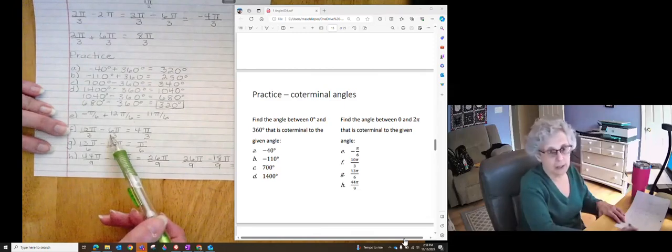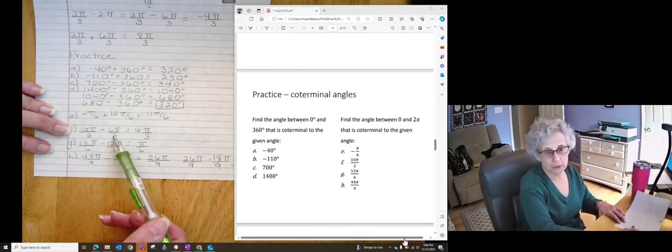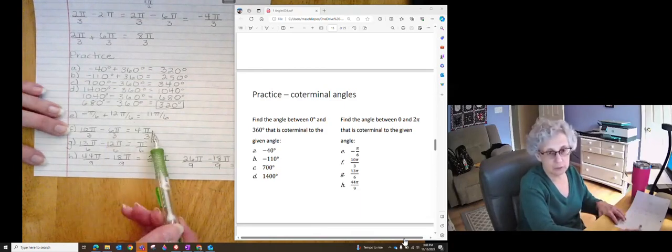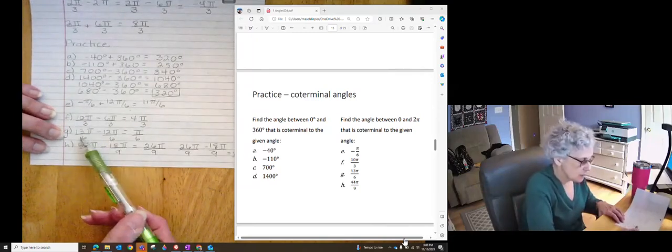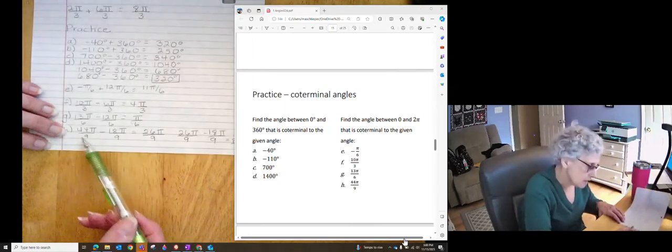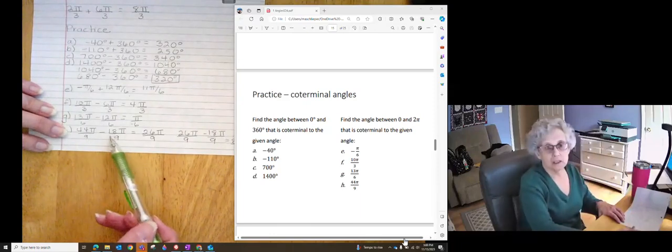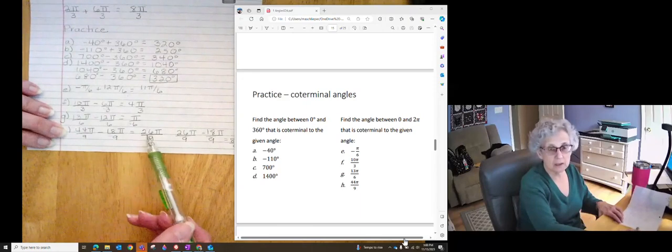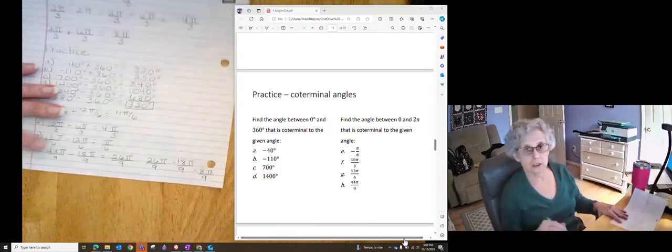This one I had to subtract. The denominator was 3, so 6 pi over 3 is 2 pi. Subtract and I'm done. Again, I have 12 pi over 6. I subtract and I'm done. This time I had 9 in the denominator, so I subtracted 18. Still too big. I did it again, and then I got my answer.